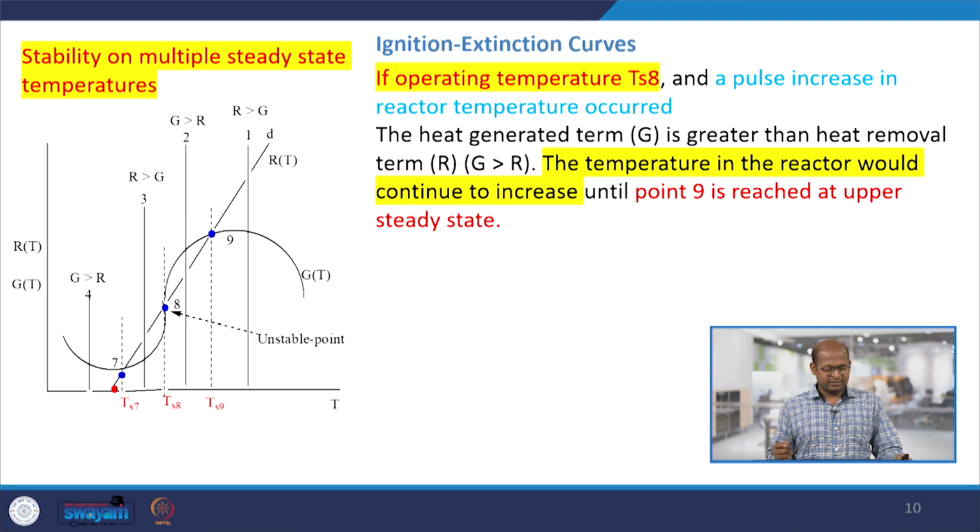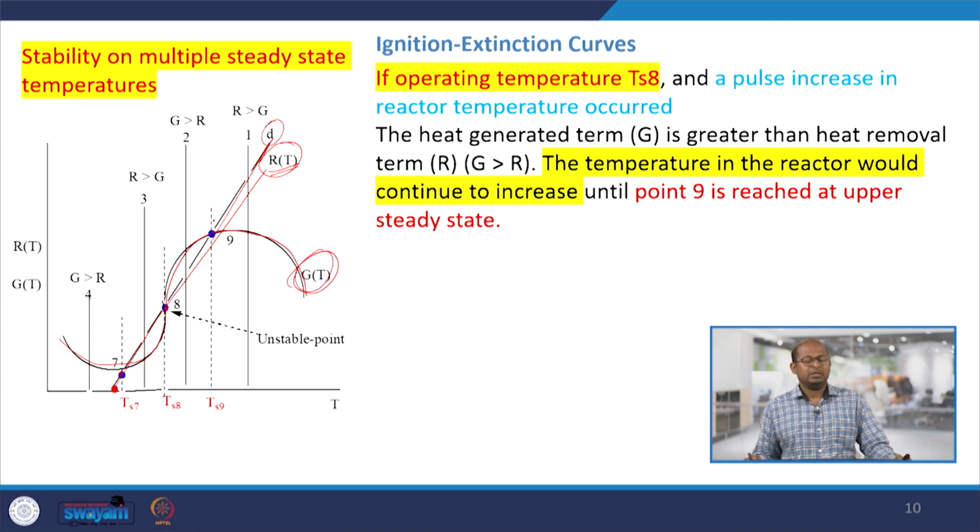So, here you can see this line, that is the heat removal line, and this S-type curve is called the heat generation curve. So, this is the heat removal line and this is the heat generation curve, the two lines we are getting. Here you can see points 7, 8 and 9.